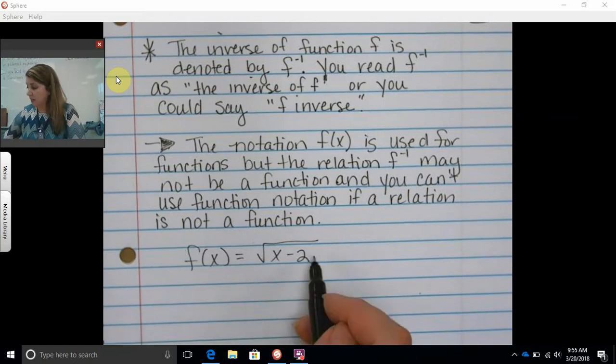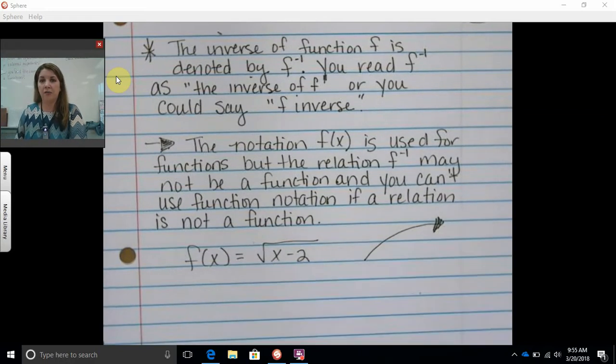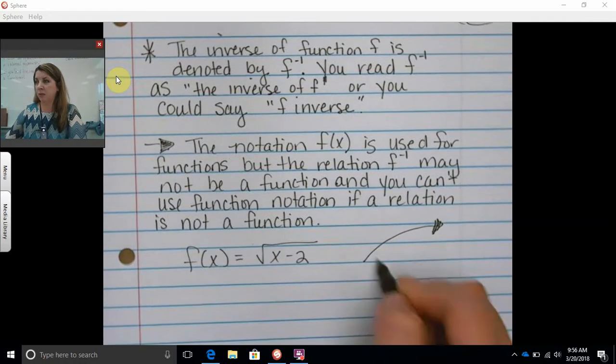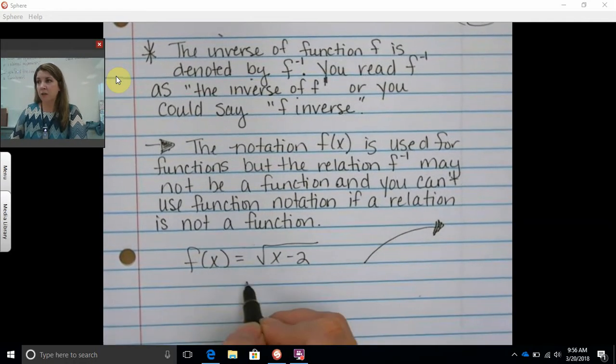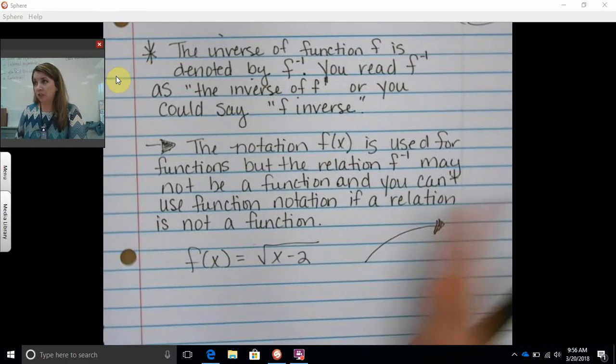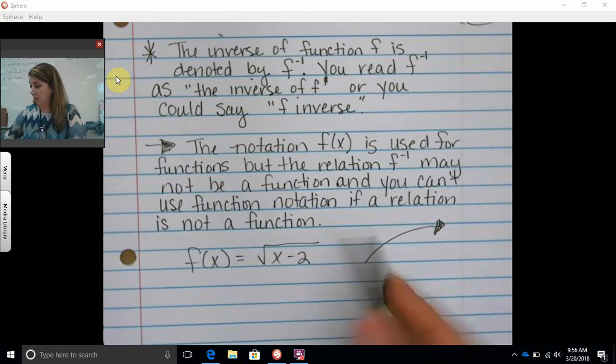So if you were to graph this, it would only be like the top half of the sideways parabola, okay? If it was positive or negative, that's when you would get the bottom half of the sideways parabola. But if you don't have that out there, then it's only just one side of it, okay? So would that be a function? Yeah. So this is a function.